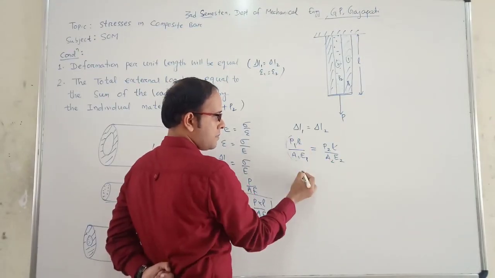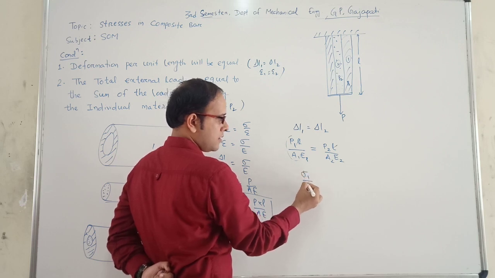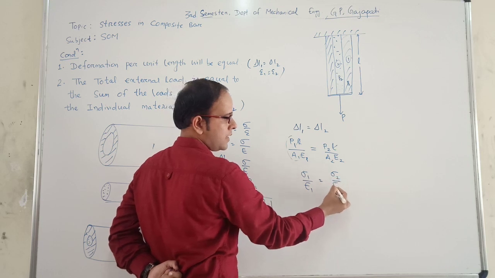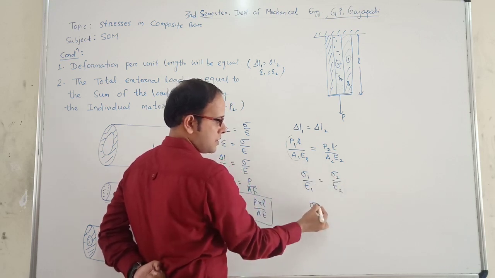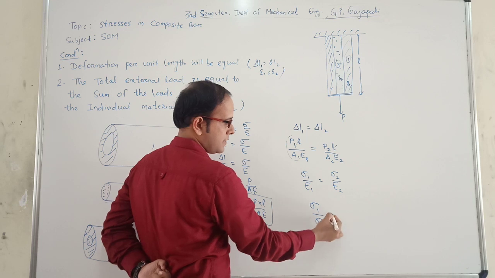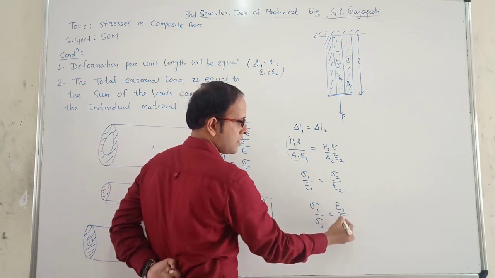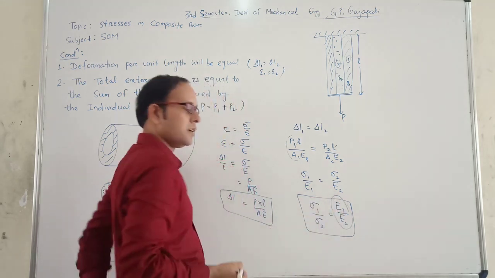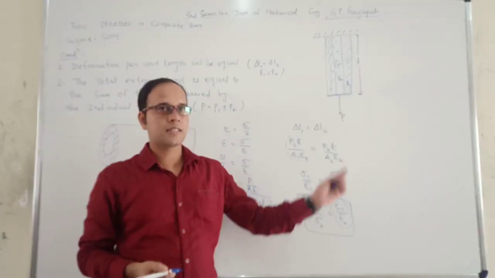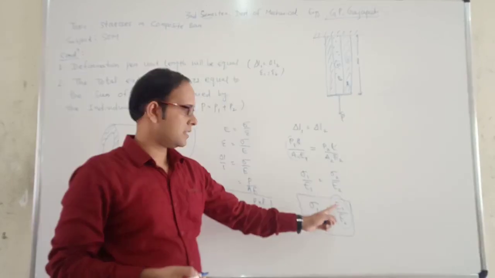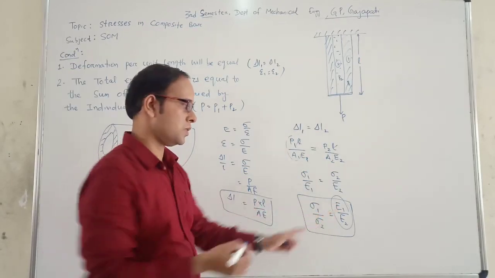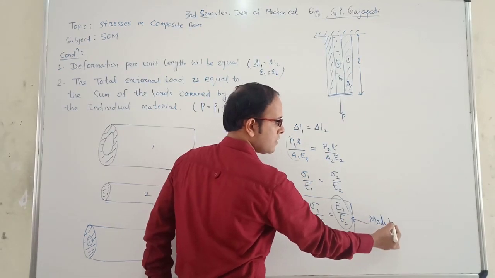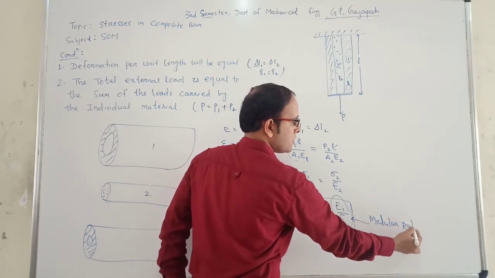So P1 by A1 is sigma 1, and sigma 1 by E1 equals sigma 2 by E2. On this side, sigma 1 equals sigma 2 times E1 by E2, the ratio of Young's modulus of the two materials. This ratio of modulus of elasticity, E1 by E2, is known as the modular ratio.